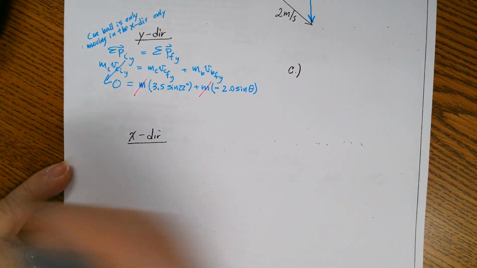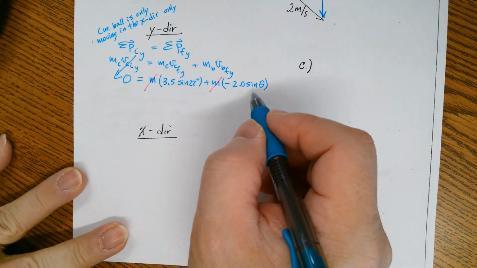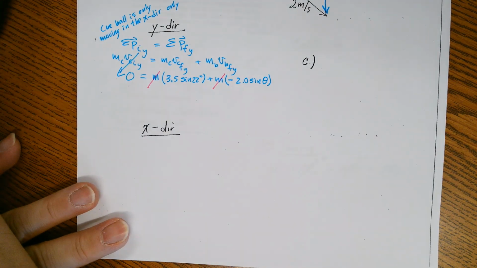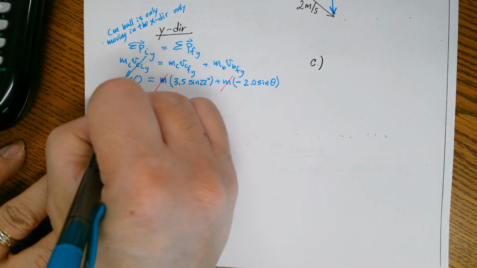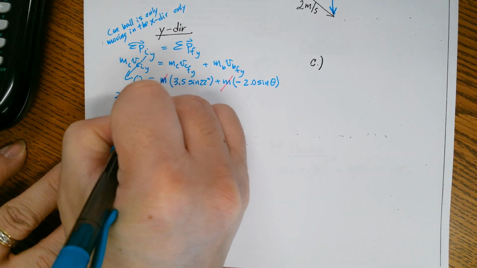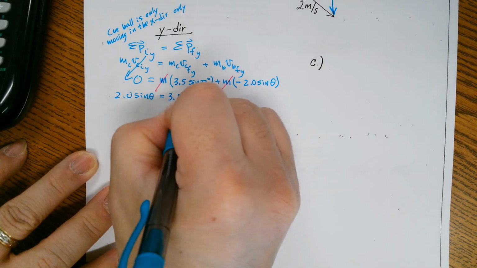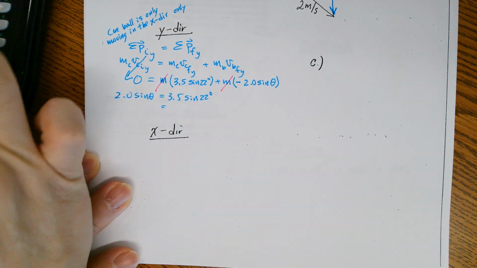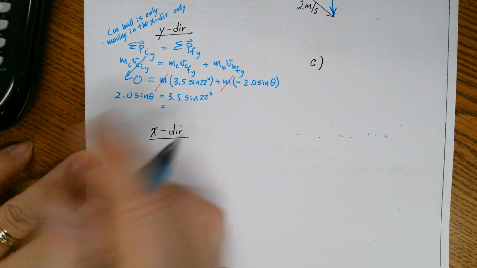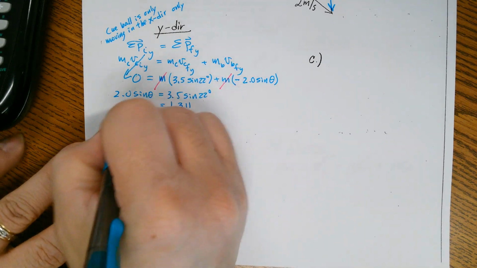So we can actually calculate what the theta is. Well, let's say 2.0 sine theta is equal to this 3.5 sine of 22 then, right? So 3.5 sine of 22 is equal to 1.311.